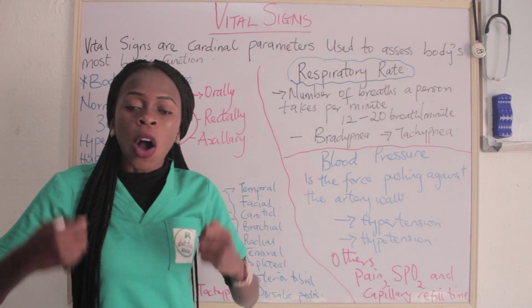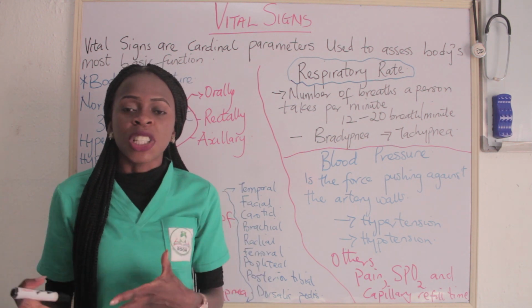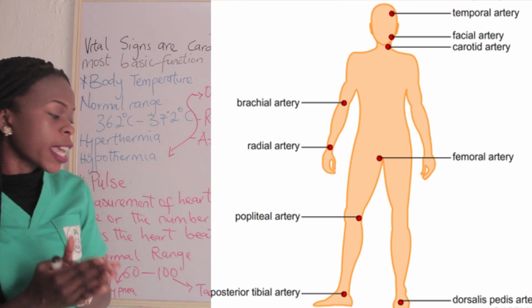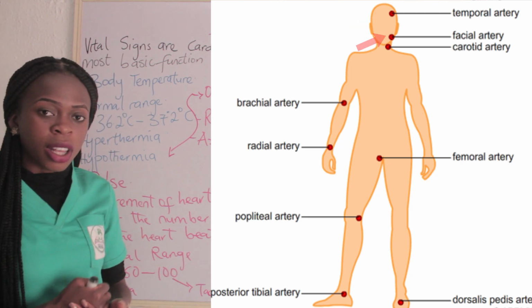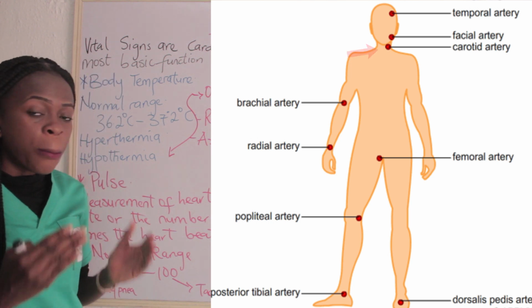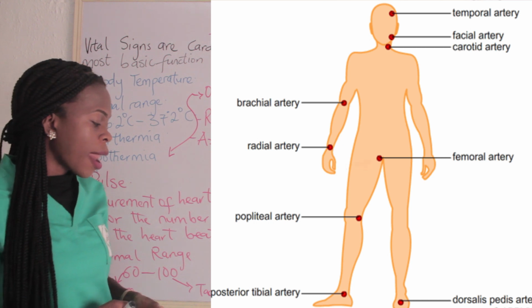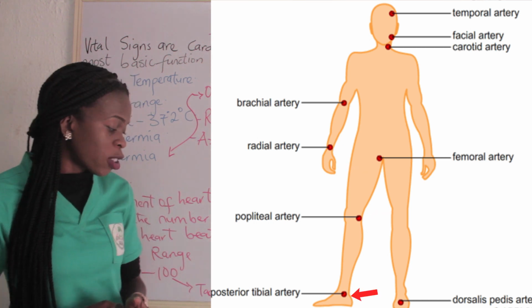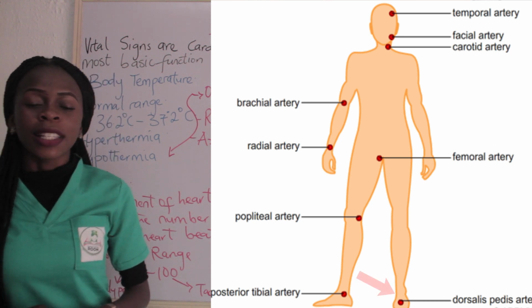You have to check all this while assessing the pulse rate of your patient. The pulse rate can be taken from your temporal artery, your facial artery, carotid artery, brachial artery, radial artery, femoral artery, popliteal artery, posterior tibial artery, and the dorsalis pedis artery.